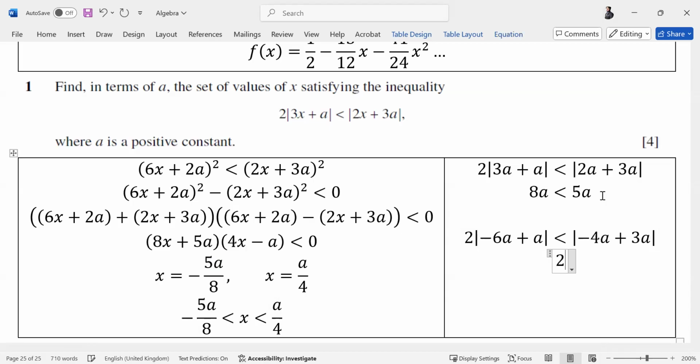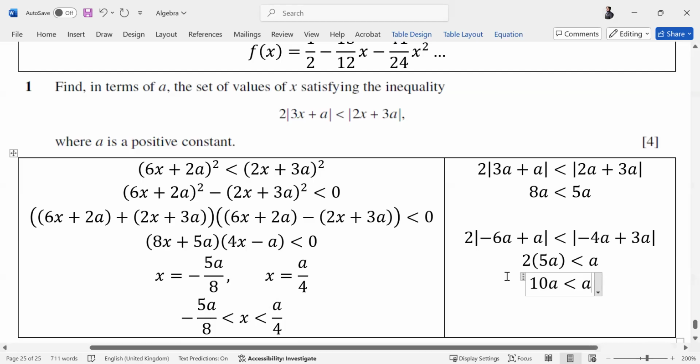So 2 and this is 5a is less than a. So 10a is less than a. This is also false. That means both the limits are correct. Both the limits are true. Is this clear now? समझ आया?